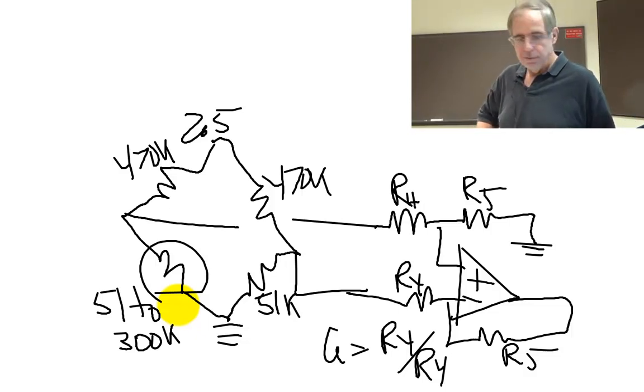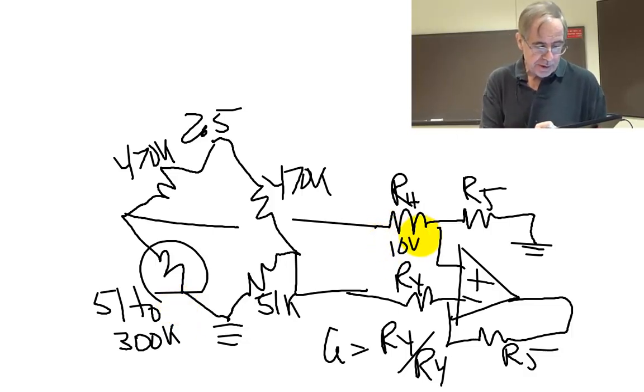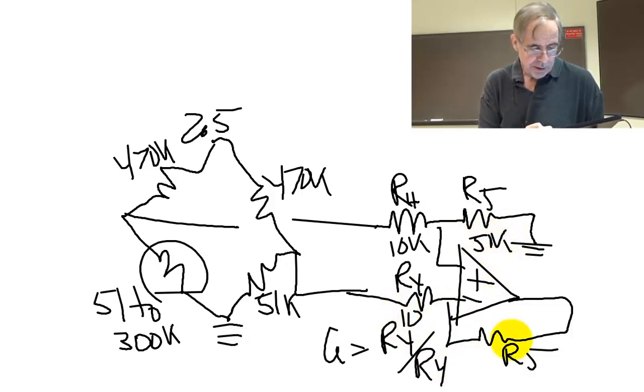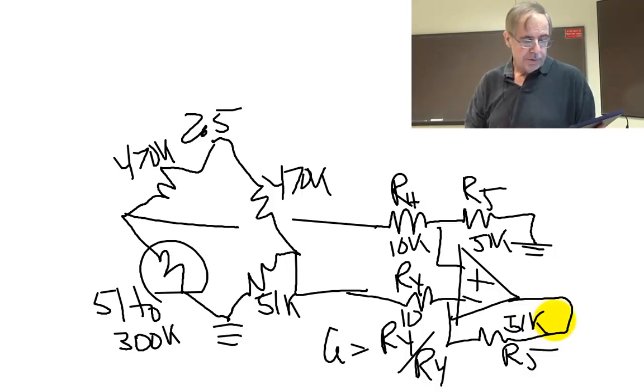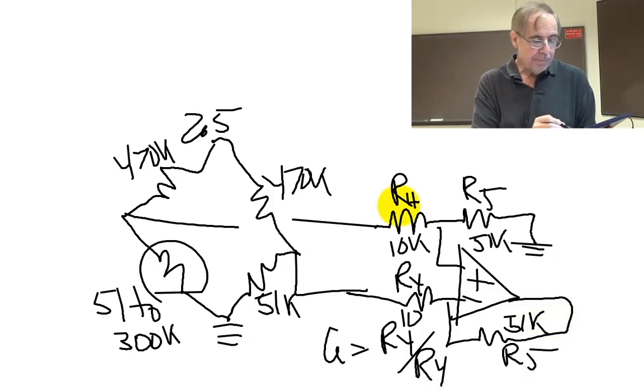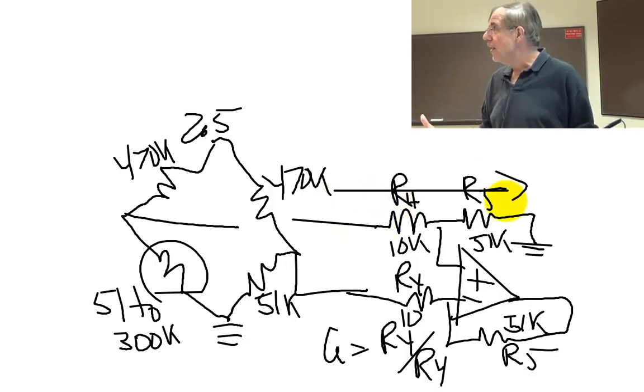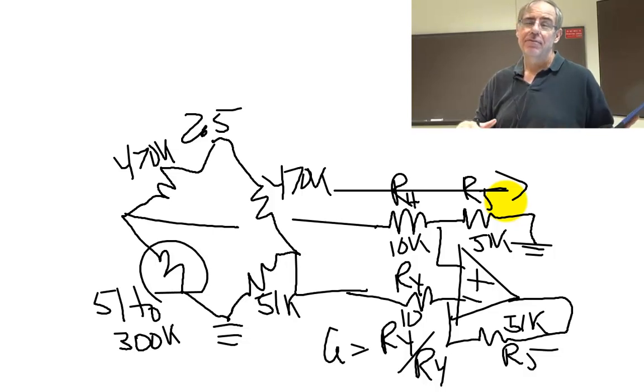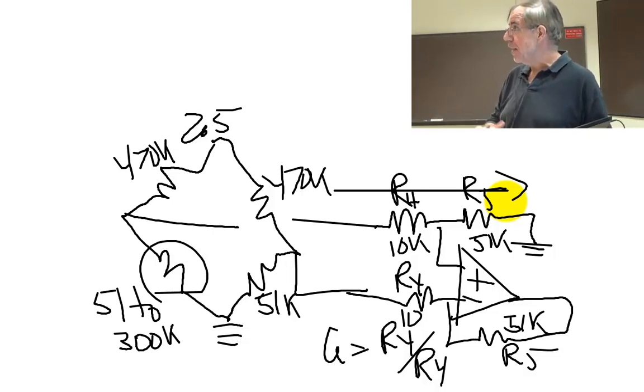So again, if I wanted a gain of about 5, I would put 10K and 51K here. But the input impedance of this is 61K. That's not 4,096 times bigger than that.